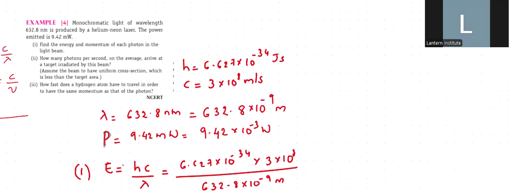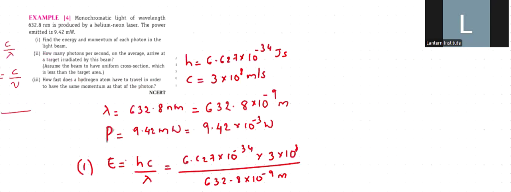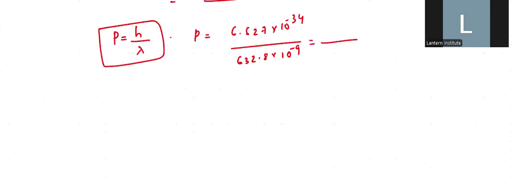To find the number of photons, there is an equation: number of photons per second is equal to power divided by energy of each photon.